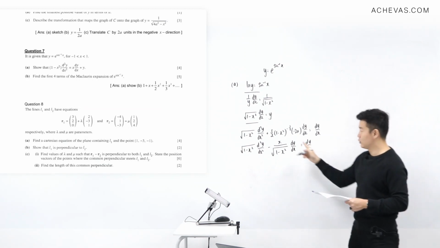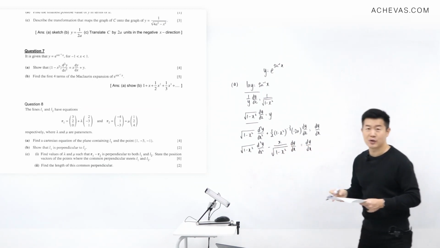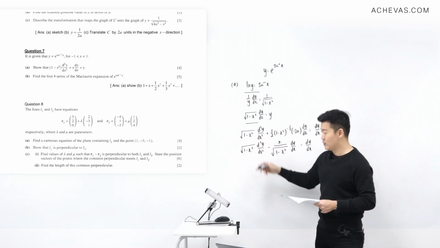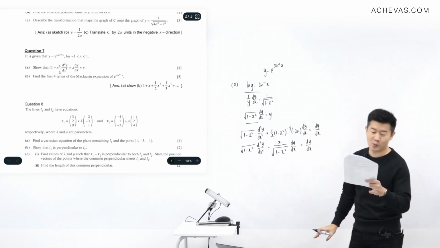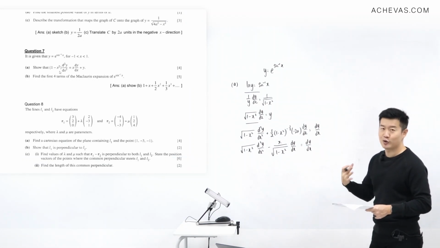And now, if I were to multiply throughout by square root of 1 minus x squared, this will become the same coefficient as the coefficient of d squared y dx squared. So it seems like the strategy is still working.